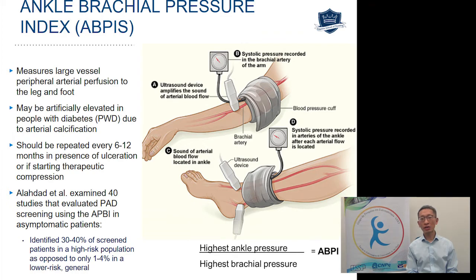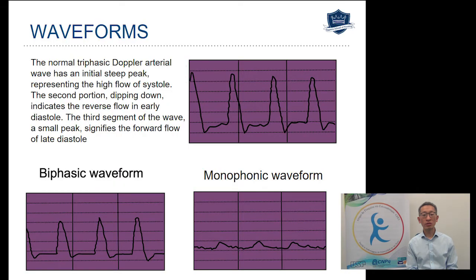And now I think there is increasing attention to not just focusing on the value itself, but also focusing on the waveform. So if you listen to this, you can actually distinctly hear the 3 components for each pulse, for each signal.